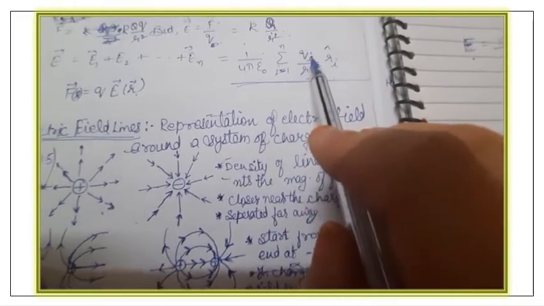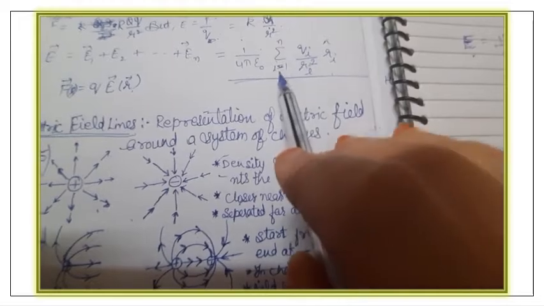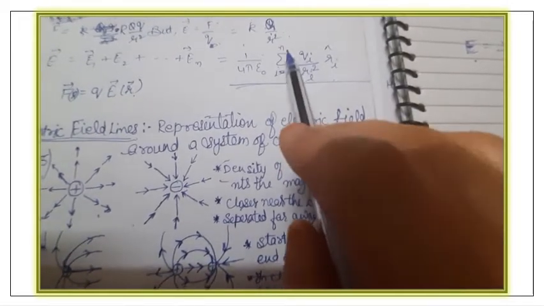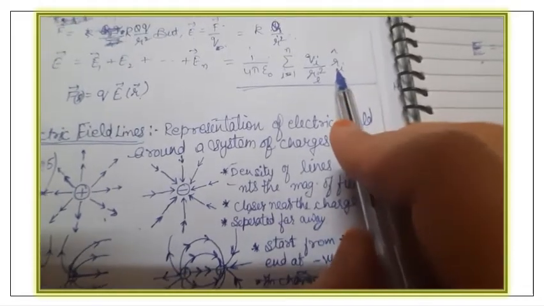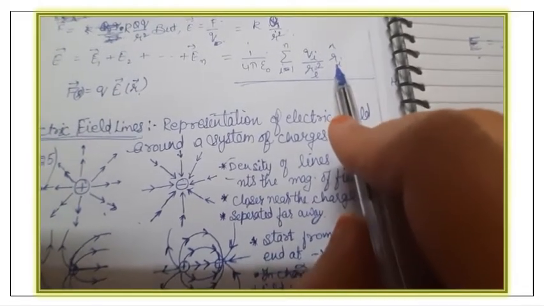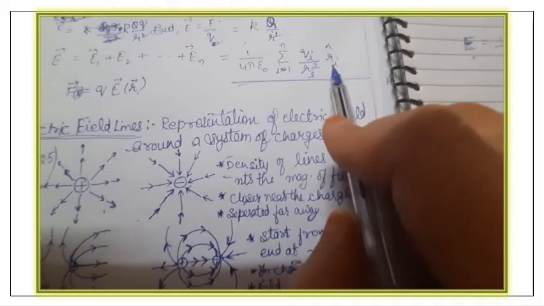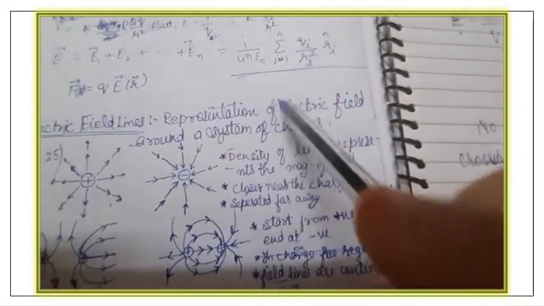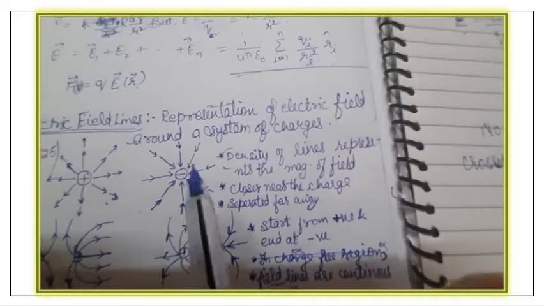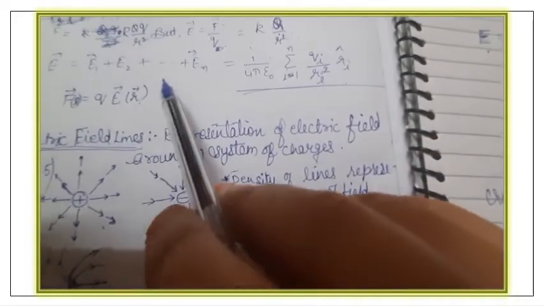So here we have taken qi by ri square, where i can vary from 1 to n, and most importantly, the unit vector ri cap, which represents the direction of electric field vector, because electric field is a vector. So its direction is given by unit vector.